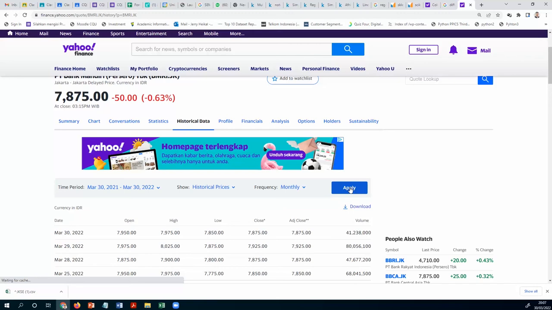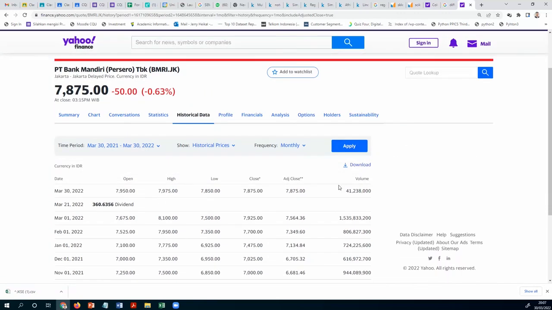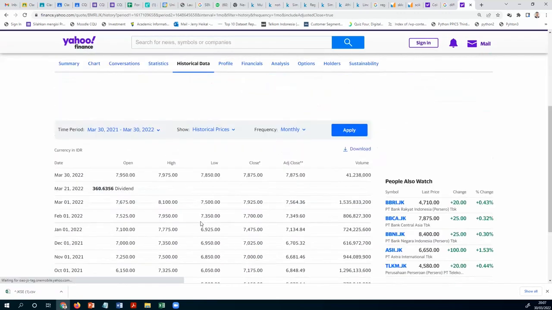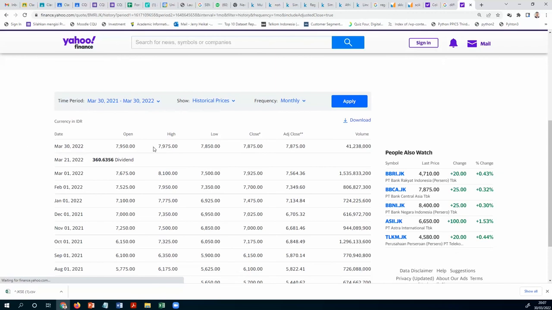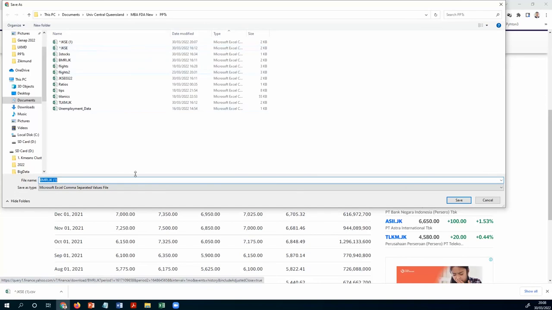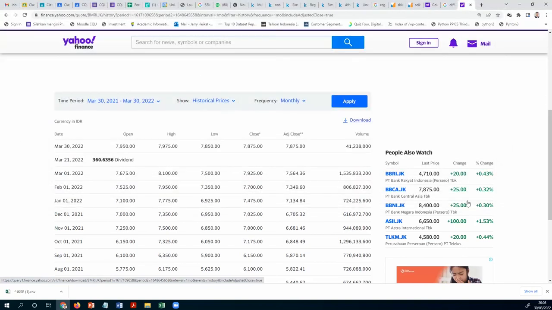Apply. So this one is the data. Mandiri price closing at 7875 today, quite high. Download the data, and you can put it back here. All right, so you have two data: BMRI and the Jakarta Stock Exchange.